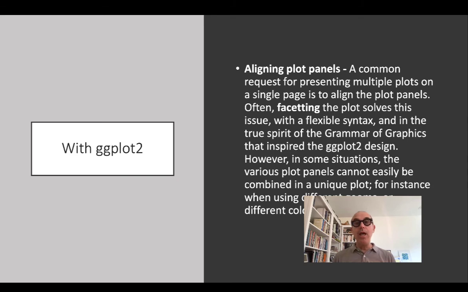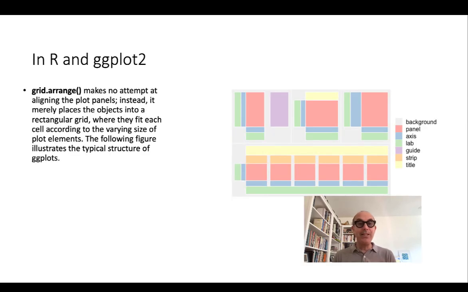And again, with ggplot2, a common request is multiple plots on a single page. So it's aligned with plot panels, but in this case ggplot gives you an additional element that is not often used. In R, we can have grid.arrange, and it makes no attempt at aligning the plot panels. Instead, it merely places the objects into a rectangular grid, and it allows us to fit the cells according to the size of the plot elements.